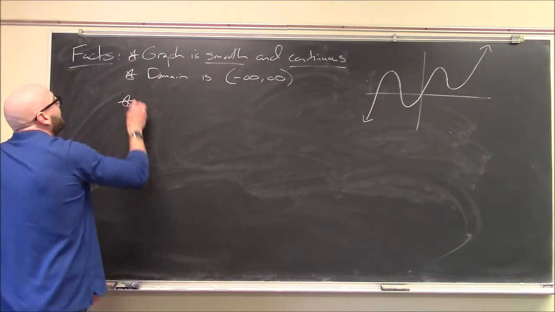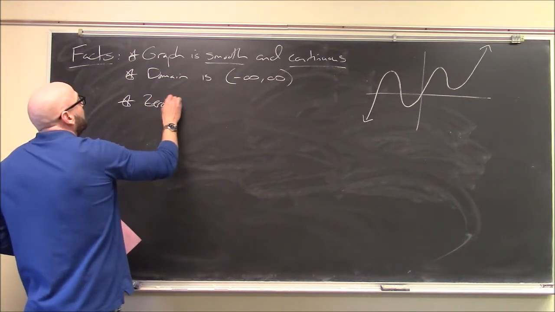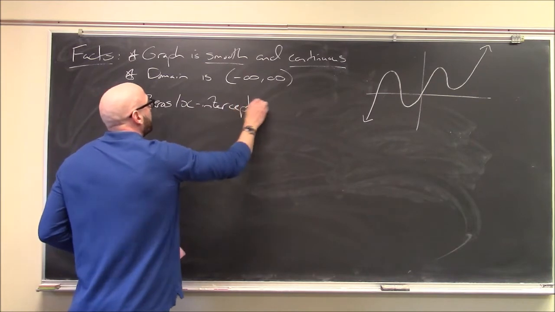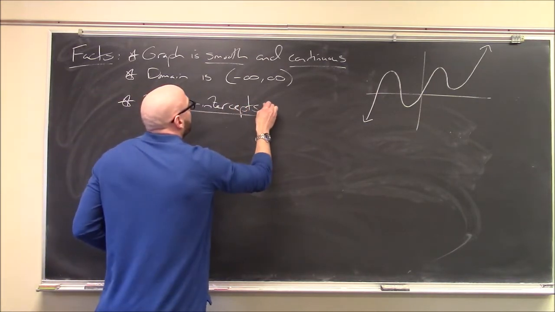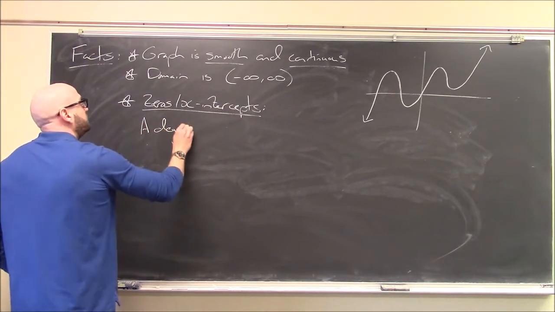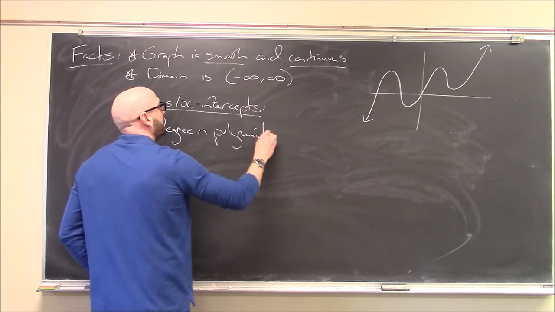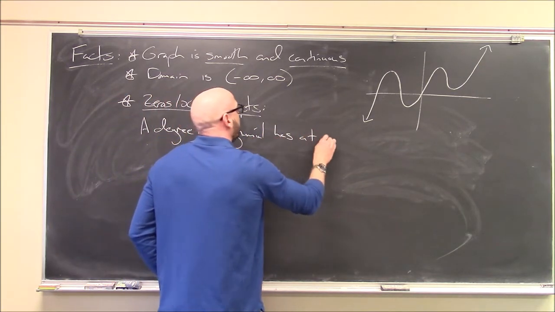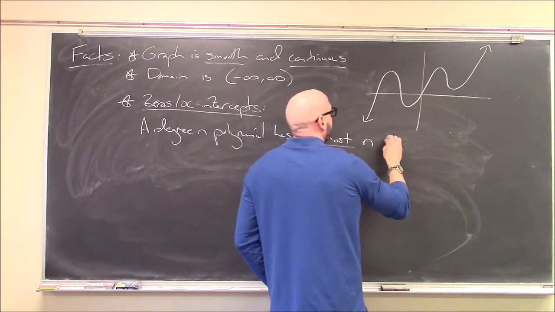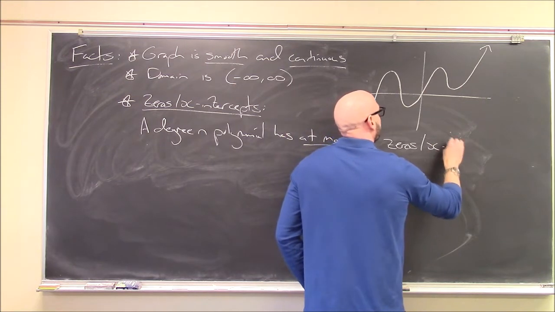Let's see, the zeros. Zeros or x-intercepts. This is perhaps the most important thing about polynomials. So I'll tell you, a degree n polynomial has at most n zeros or x-intercepts.